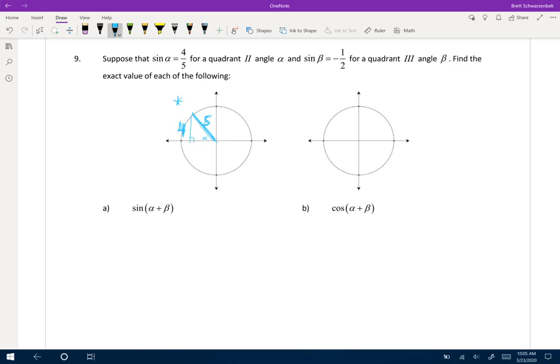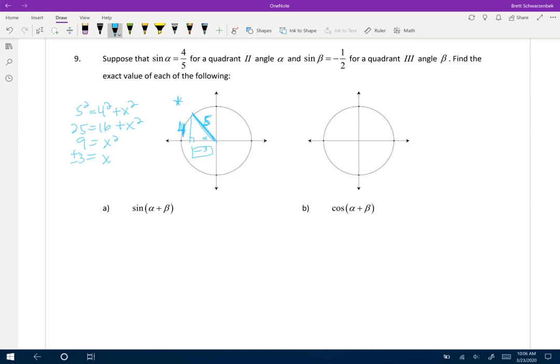Well, we can do the Pythagorean theorem and do 5 squared equals 4 squared plus x squared and go through the whole typical process. But I think most of you are going to remember that this is a 3, 4, 5 triangle, which means the side has got to be positive or -3. Clearly we're going to the left, so it's going to have to be -3. Okay, so that's alpha, our alpha triangle.